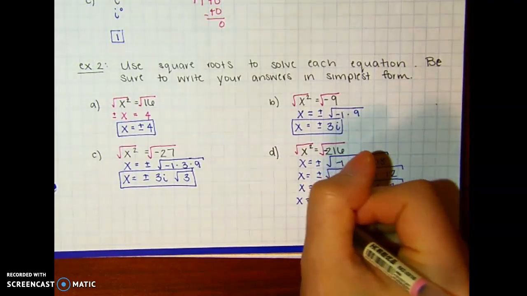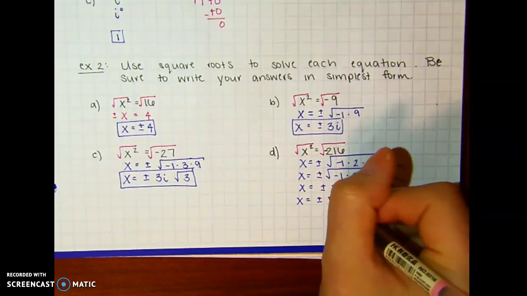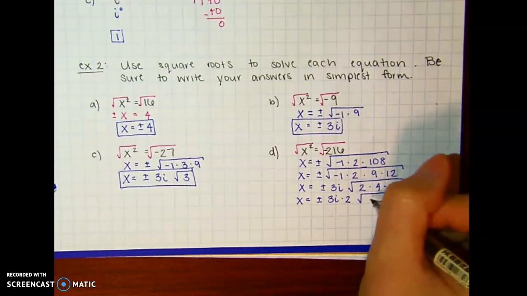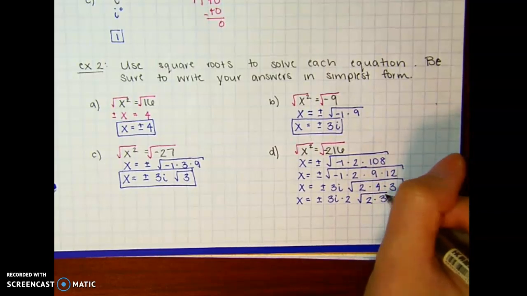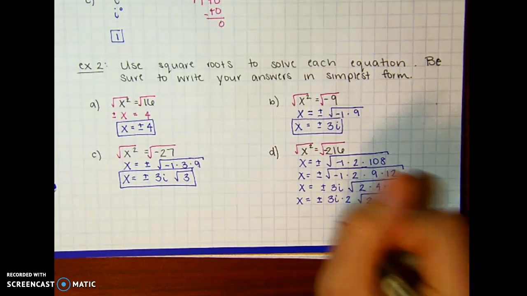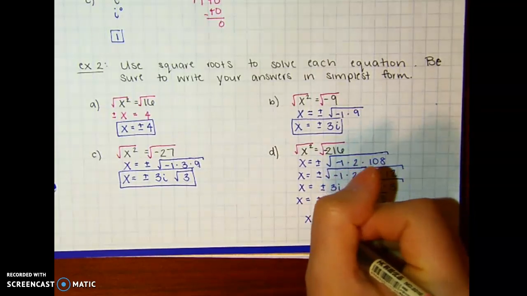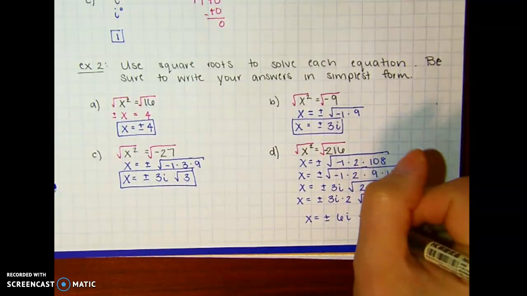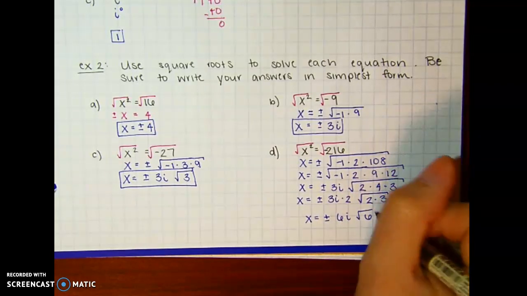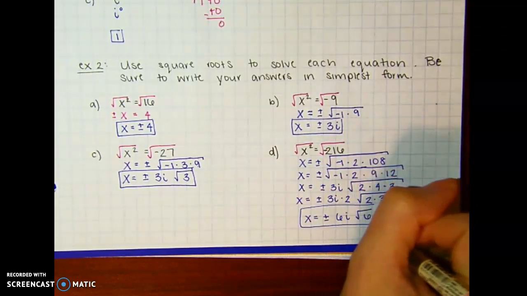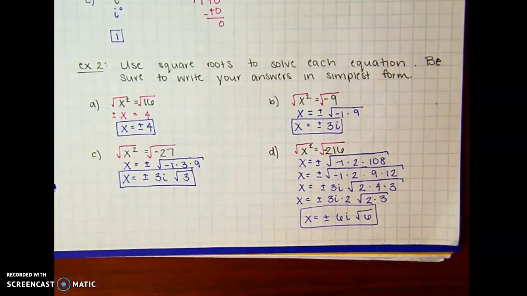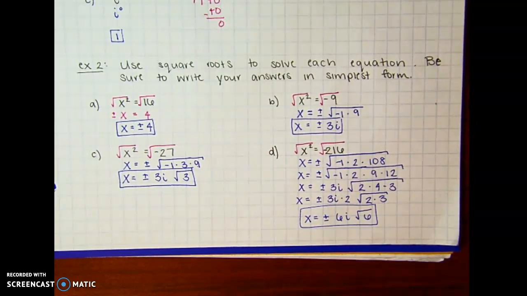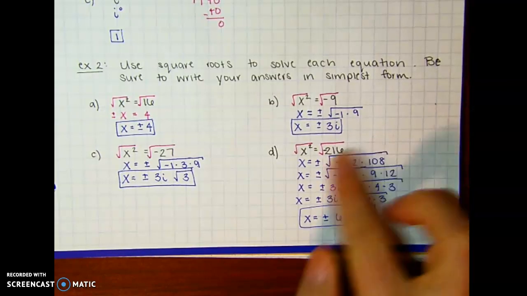So this becomes plus or minus 3i times 2, and then we still have the 2 times 3 inside our radical. Altogether, this simplifies to plus or minus 6i times the square root of 6. You could have divided by 36 in the beginning, but that's okay. So make sure you have some work.